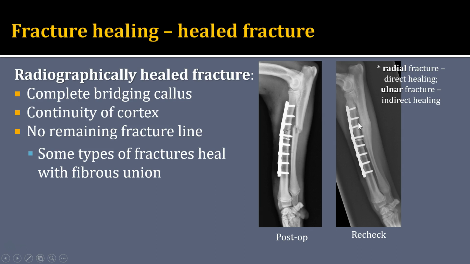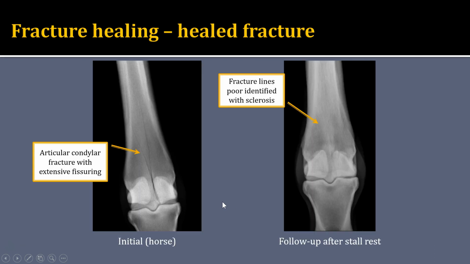I have complete continuity of the cortex, and there's a little bit of periosteal and endosteal callus. This was a little bit of callus, so it's not quite direct healing. When you look at the ulna, there's nice circumferential callus formation and really no visibility of the fracture. And so that is a radiographically healed radial and ulnar fracture in this patient.